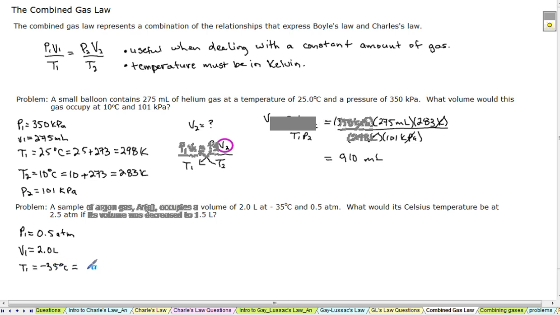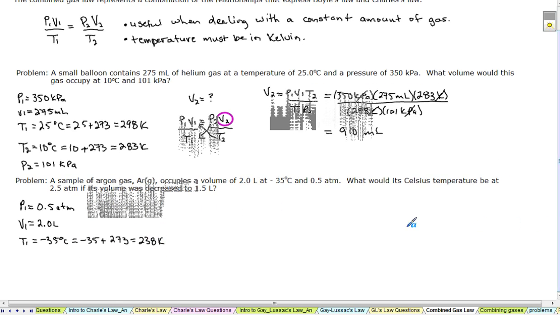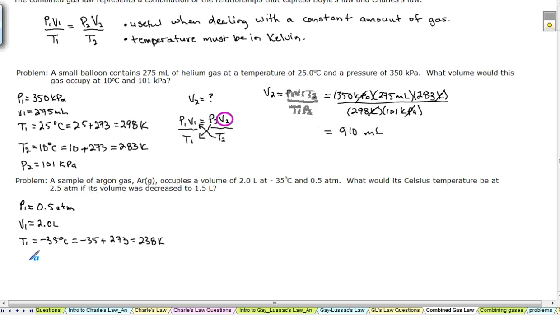Now again, we need to convert that to Kelvin, so minus 35 plus 273. And that's going to give us 238 Kelvin. Now we have what happens afterwards.